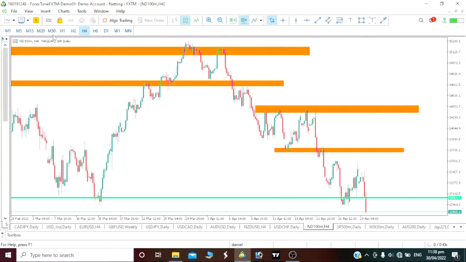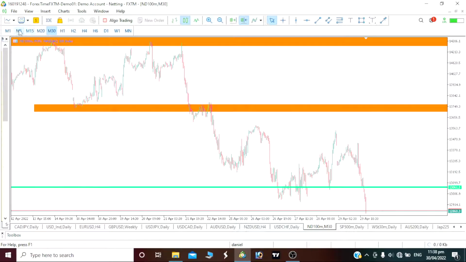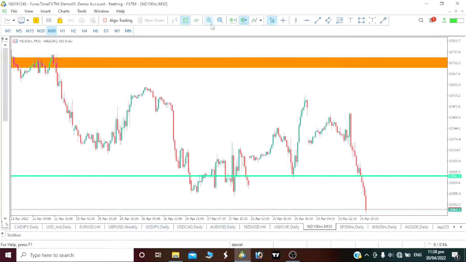Before you take your buy on our Nasdaq, we would want to go to our 30 minutes time frame. On the 30 minutes time frame, we will see when price is giving us multiple breaks of structure upward. Probably something like this: price pushes up, comes down, then we see a breakout of this one.